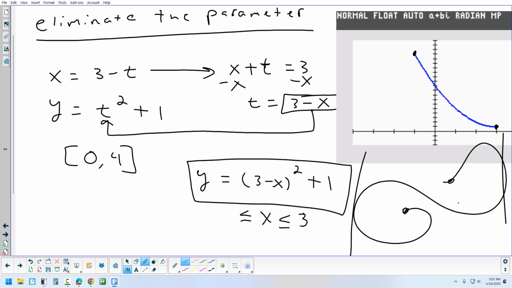And the lowest it ever goes, what value are we going to plug in for t to find the end point? Yep, 4. 3 minus 4 gives me -1. So to graph what you're seeing as a function, you would draw this parabola from -1 to 3. And that's how you eliminate the parameter.